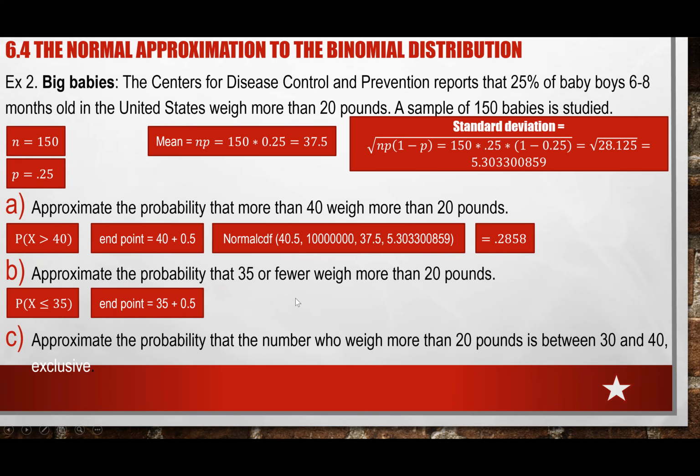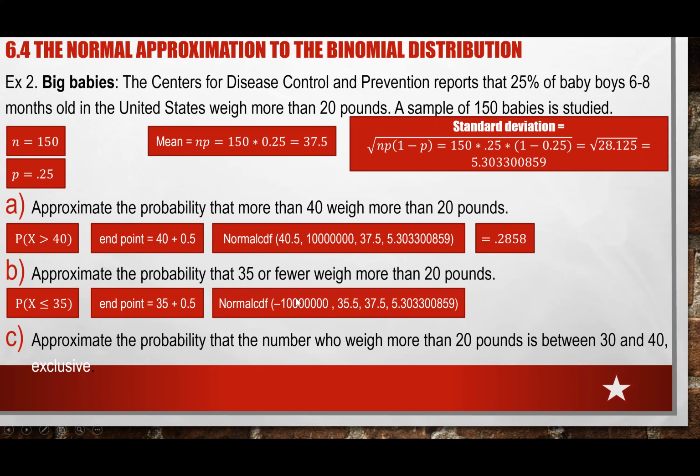So my lower limit will be some negative humongous number. My upper limit will be 35.5. And my mean is 37.5 and my standard deviation is 5.3, with a bunch of decimals behind. Once you have this, what you have is 0.3530.